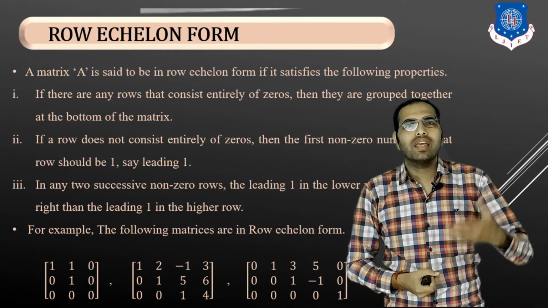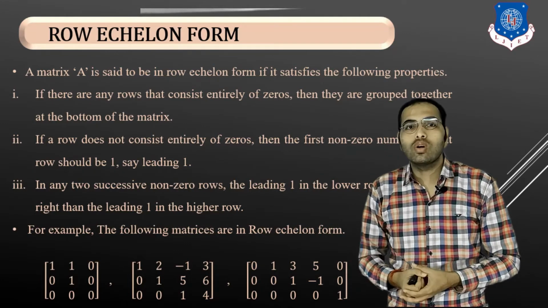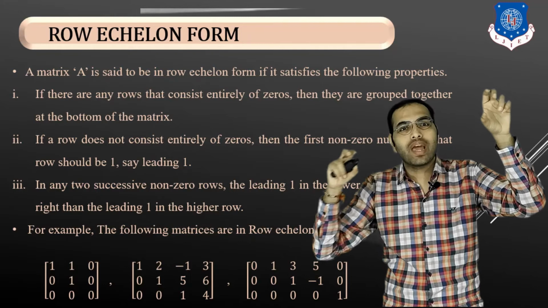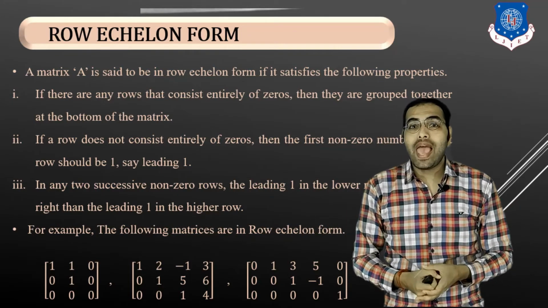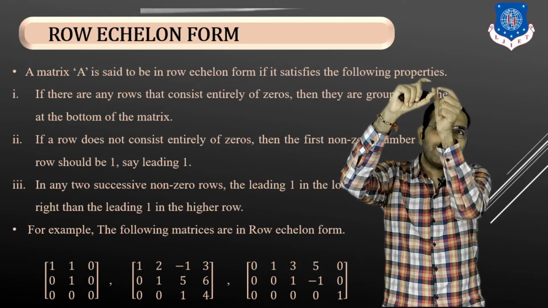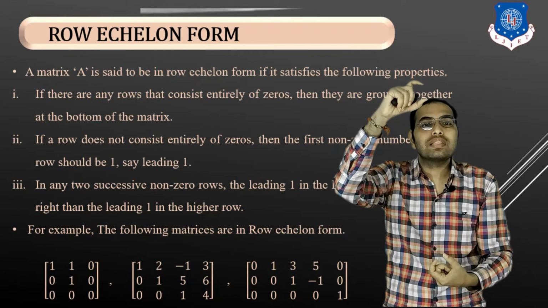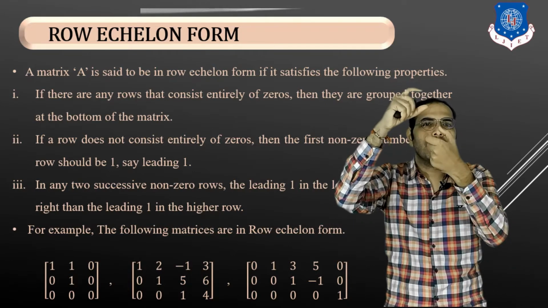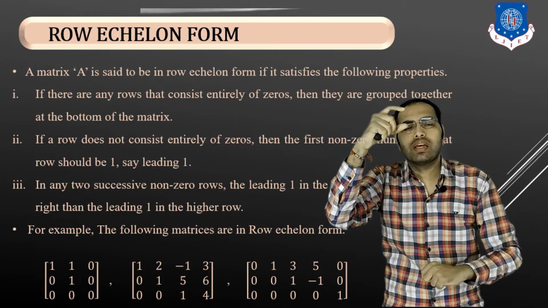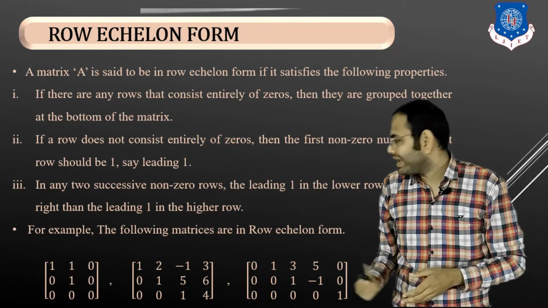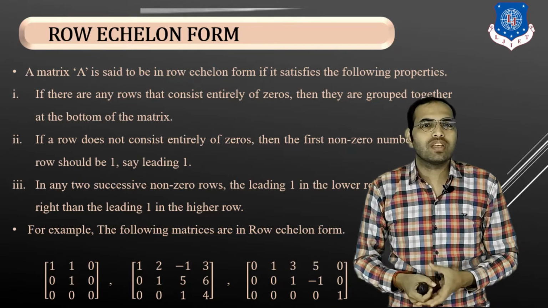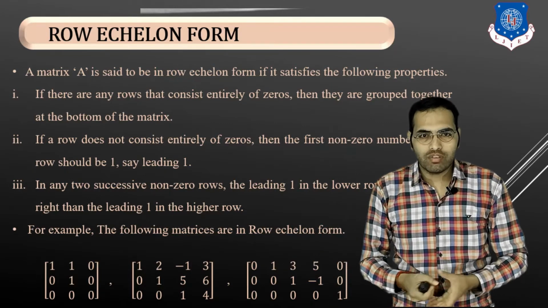The leading element should be 1, which is also satisfied, and the leading elements move left to right. Below the leading element, all the entries of that particular column must be 0. Then every condition is satisfied, and these are matrices in row echelon form.